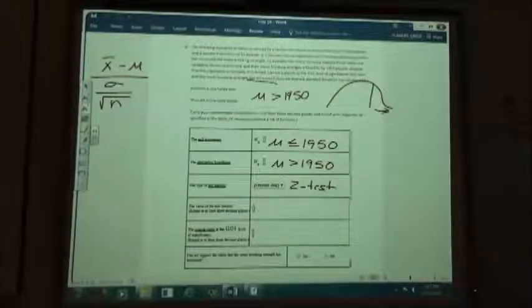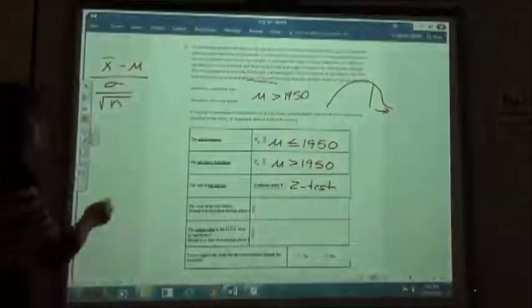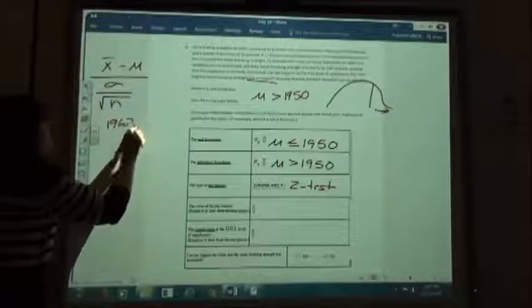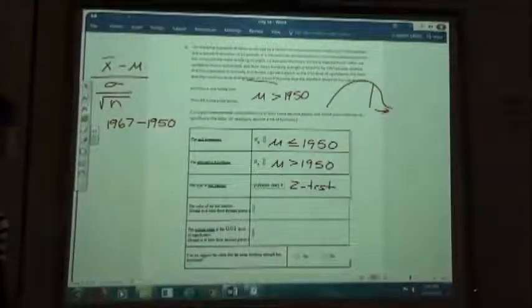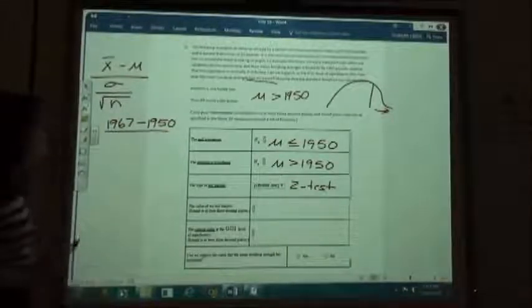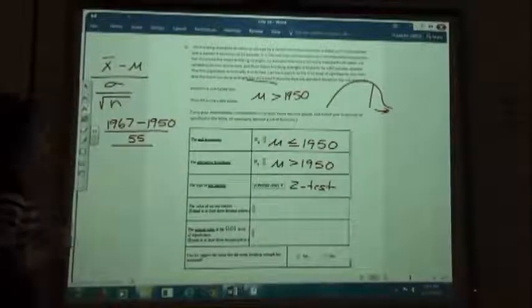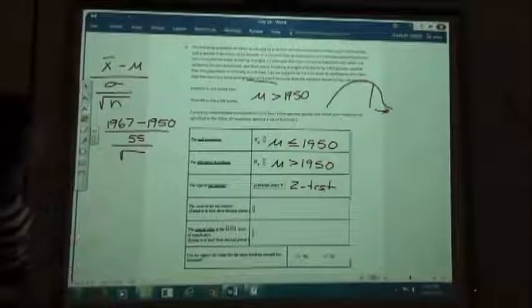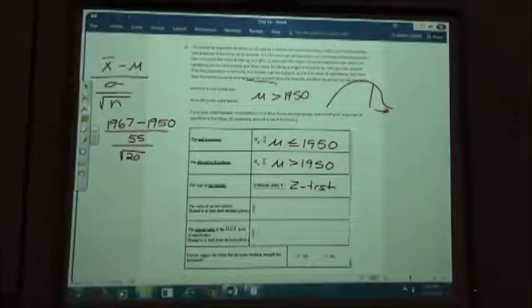One's the given mean and one is your sample mean. The 1967, right? That's the one when they did their test. That's what they got for their answer. 1967. We're going to subtract the given mean, or what they think the mean is supposed to be, of 1,950. Divided by the standard deviation, which is 55, over the square root of how many were in our survey? Looks like 20. 20 cables were tested.